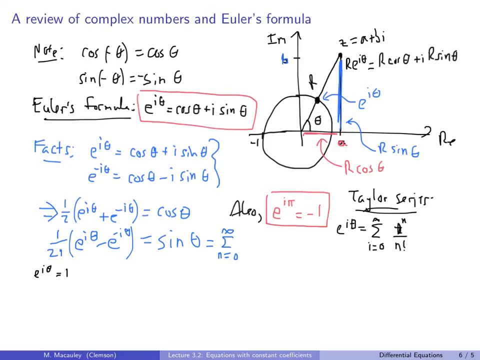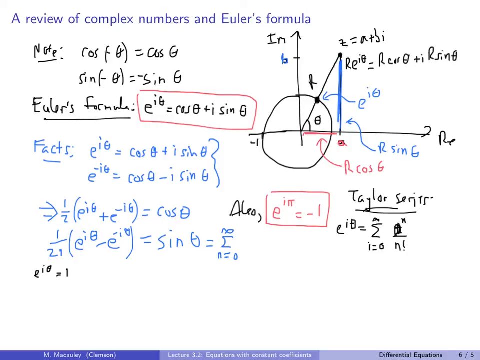plus... actually, hold off on this for a second. Let me finish what I'm doing. So you may remember from Calc 2 that the Taylor series for e to the i theta has every single power of theta, and it has a factorial on the bottom. The sine series is just the odd terms, but you alternate in sign.